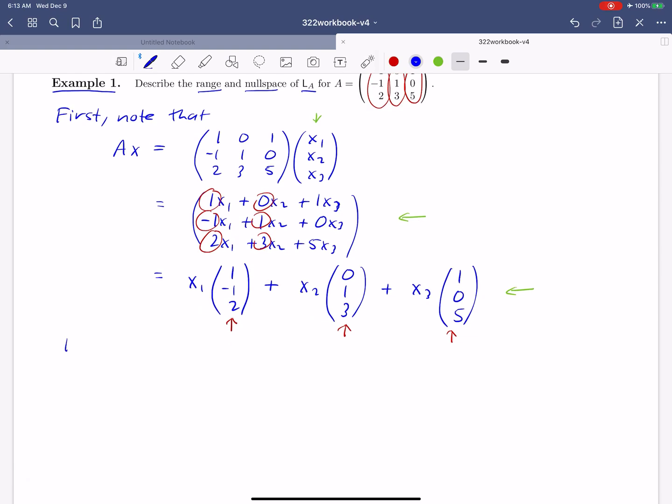So what can we take from this? Well, that means that the range of LA, which, just to refresh your memory, is the set of all things that look like A times x, will be the span of the columns of our matrix. That's what our calculation above tells us.